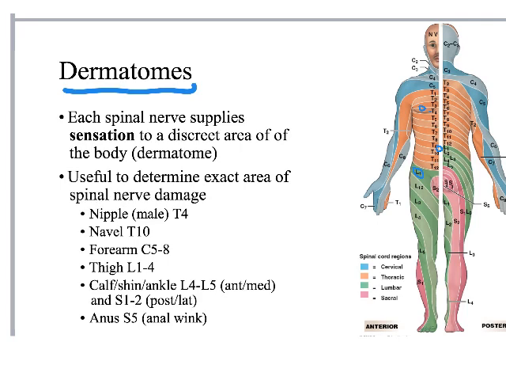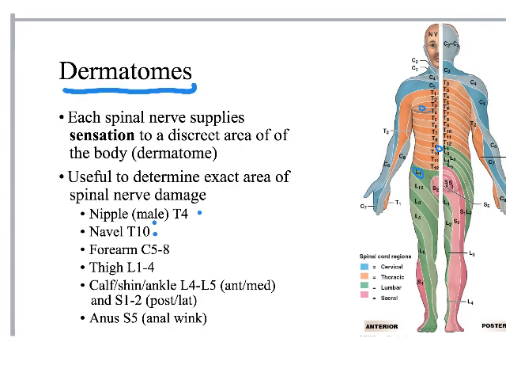So a few that I want you to learn because I think they're really helpful, just to give you a reference. If you can keep these in reference, then you'll be able to guess where sensory problems in between these reference points might be coming from. So for example, the nipple in a male is going to be T4, the navel or umbilicus will be T10, the forearm is going to be C5 through C8.